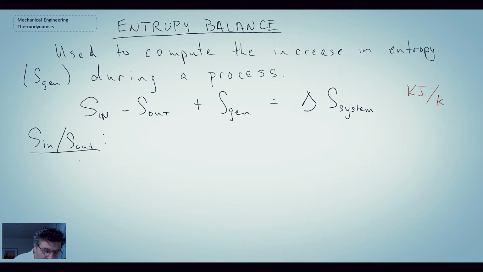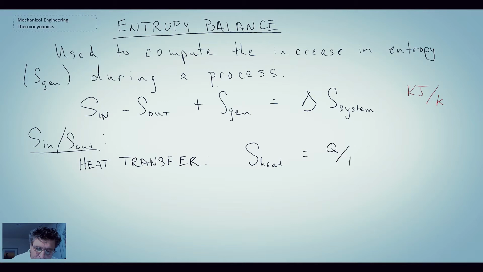So to begin with, heat transfer: we write S and then small heat. Quantifying it, it is the heat transfer divided by the temperature at which that heat transfer is taking place. And so the units of that term are kilojoules per Kelvin.